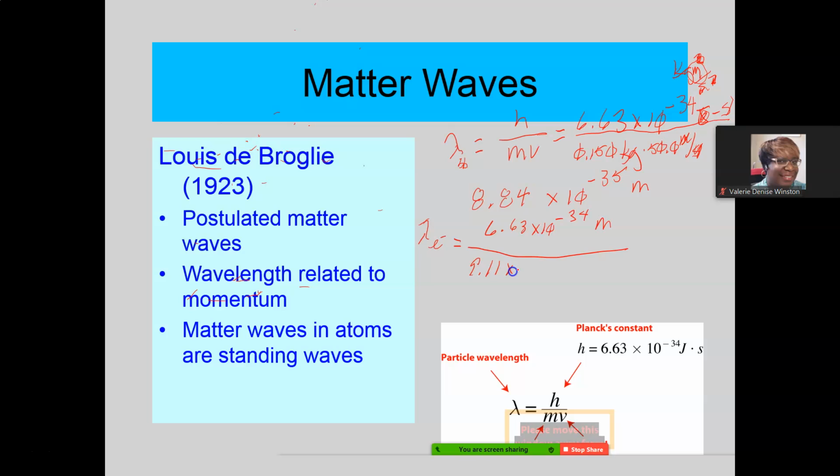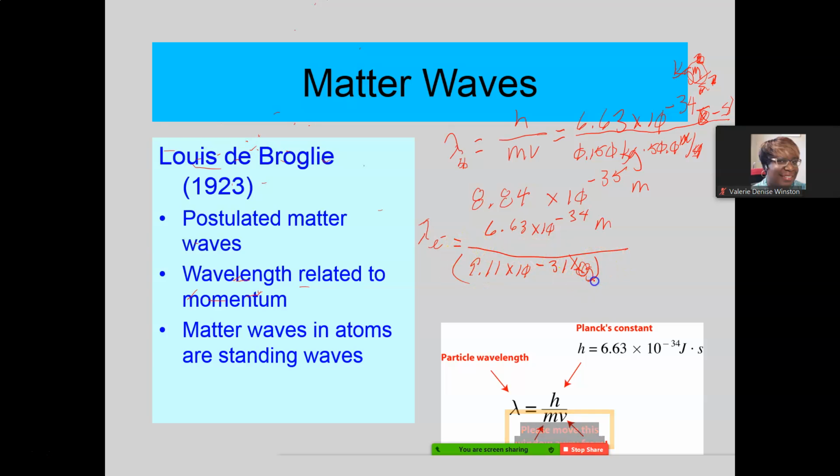9.11 times 10 to the, and you thought Planck's constant was small. This is pretty small, minus 31. So not quite as small as Planck's constant. And that would be kilograms. And that kilogram is going to cancel the 1 from your joule, just like we did up there. So I'm going to leave that off for now.